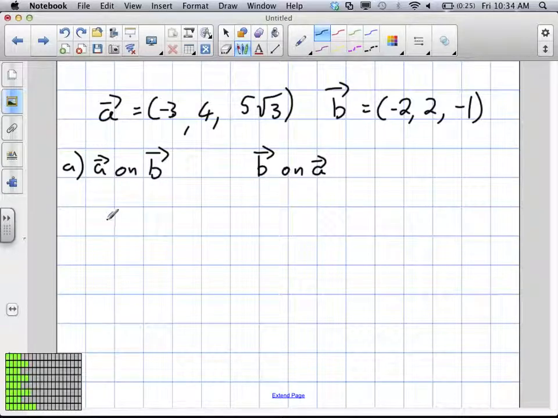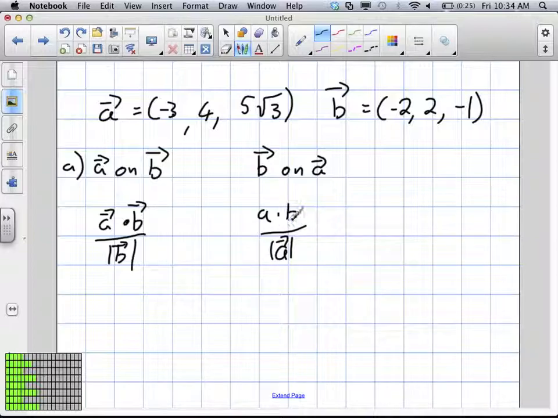A on B becomes the dot product of A and B, which will be the same in both, over the absolute value or the magnitude of B. Where in our other one, we're over the absolute value or magnitude of vector A. We'll still use the same dot product above. Okay. If you guys remember our dot product rule from before, A dot B is going to give us, we're going to multiply our first terms.